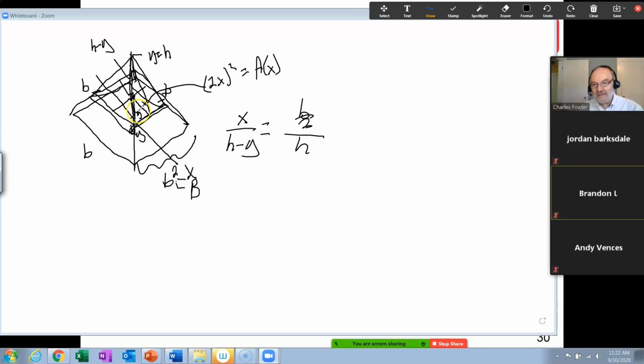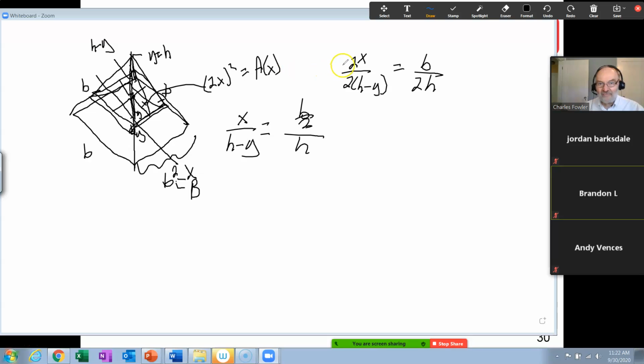Okay, now just to make things a little easier, I'm going to multiply everything by 2. And this would be 2x over 2 times h minus y is equal to b over 2h. Okay, that just gets rid of those denominators because they were kind of messy.